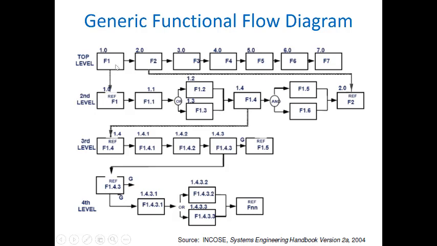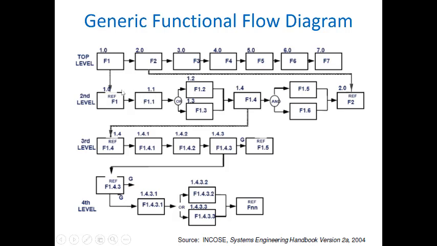For example, here, if function f1 has a lot more detail inside it, we can come to the second level. I put function f1, which is my reference function, the one that I'm going to talk about. Then I can go into more detail and specify what's happening exactly inside function f1. What are the detailed actions that are performed inside function f1?